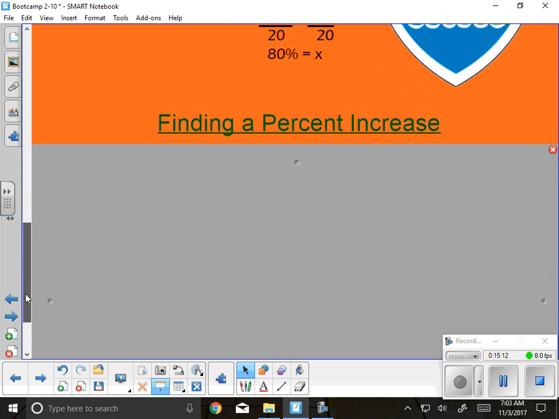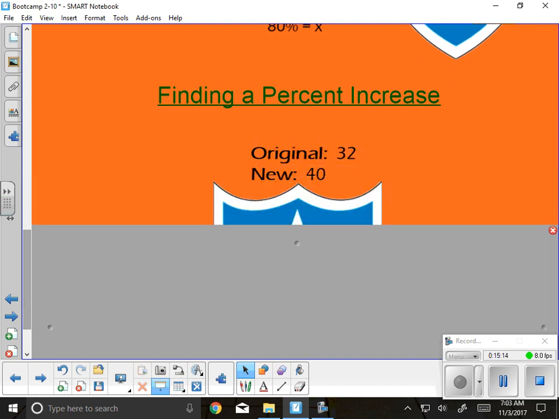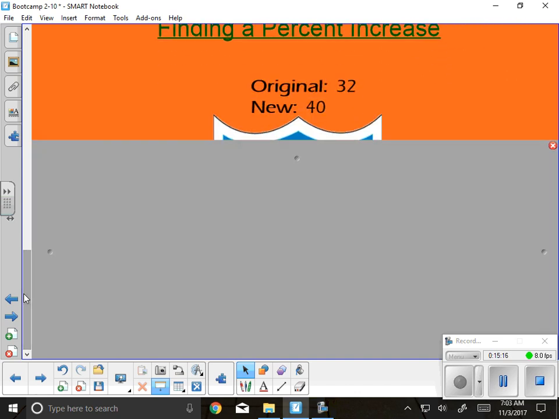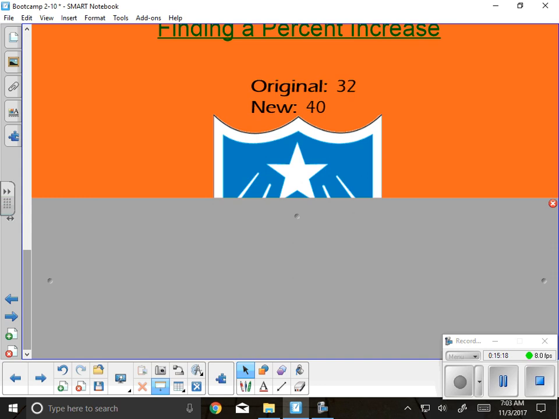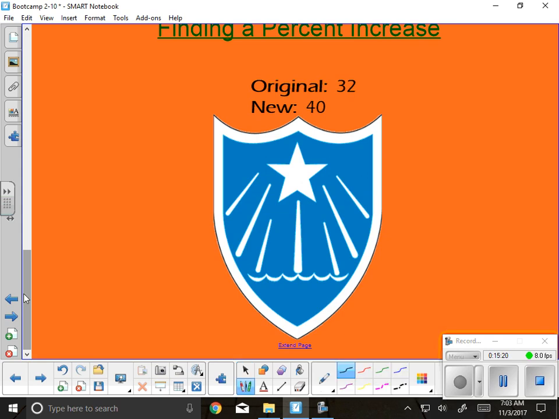Now to find a percent increase, these are the steps you're going to follow. With the decrease, it went from 20 to 4, and now with the increase, it's going from 32 to 40. You're not going to have to tell us whether it's an increase or a decrease, but it's nice to know how to find them.